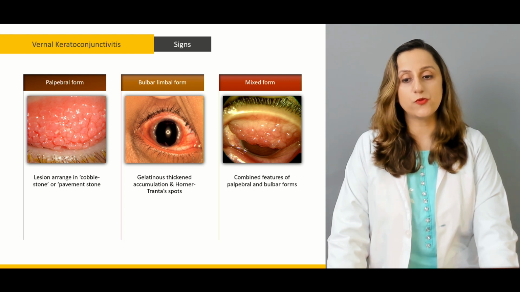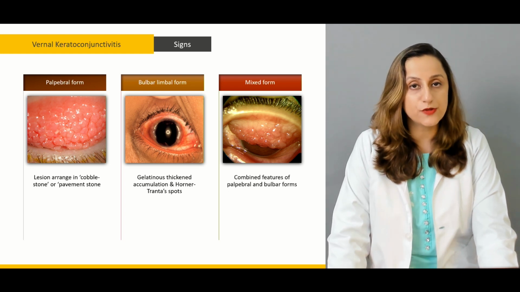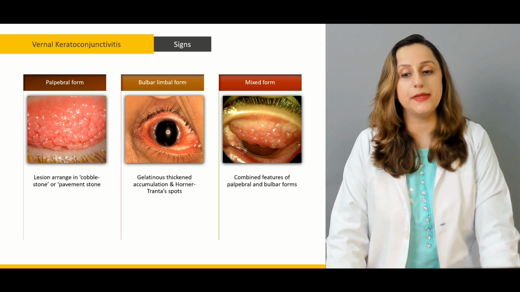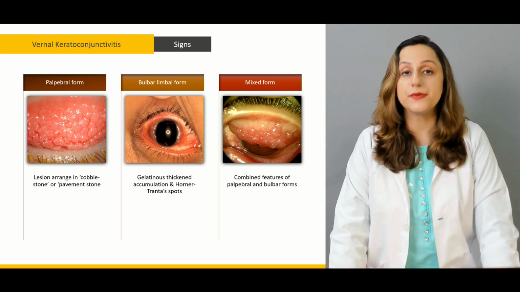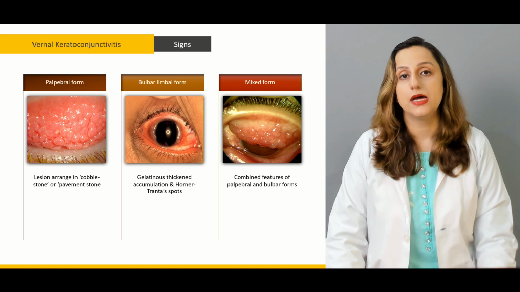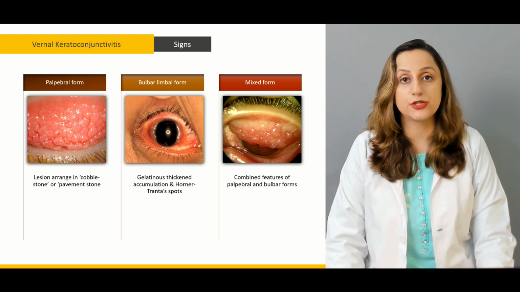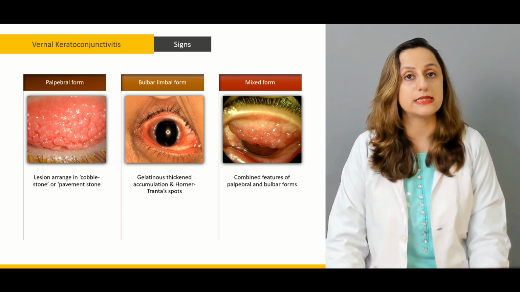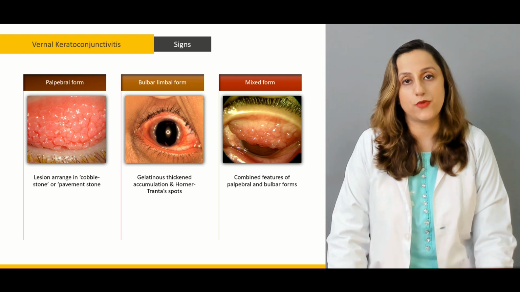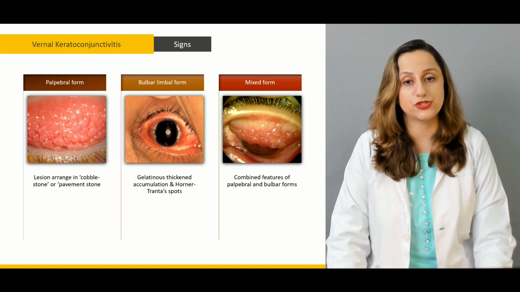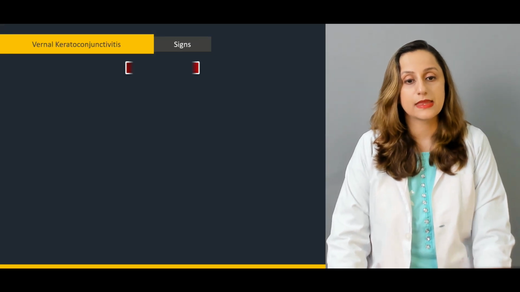The mixed form would be when we have the palpebral form as well as the limbal form. The combined features of palpebral and limbal forms would sometimes be exhibited in a lot of patients, and that would be the mixed form of vernal keratoconjunctivitis.